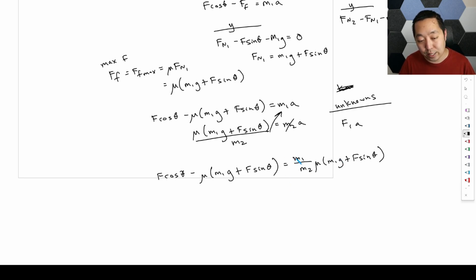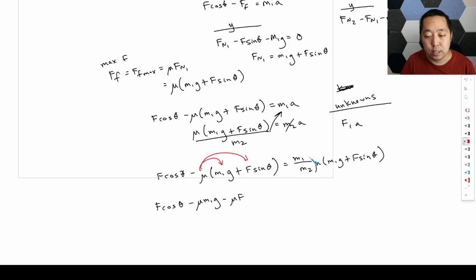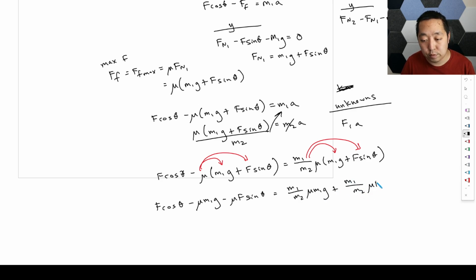It's definitely kind of tedious, but we have F's here, we have F's here. We need to distribute some things and then combine all the F terms together, right? So minus mu M1g minus mu F sine theta. This is me distributing the minus mu to both terms. And then this guy, we got to distribute both of these over here as well. This is M1 over M2 mu M1g plus M1 over M2 mu F sine theta.